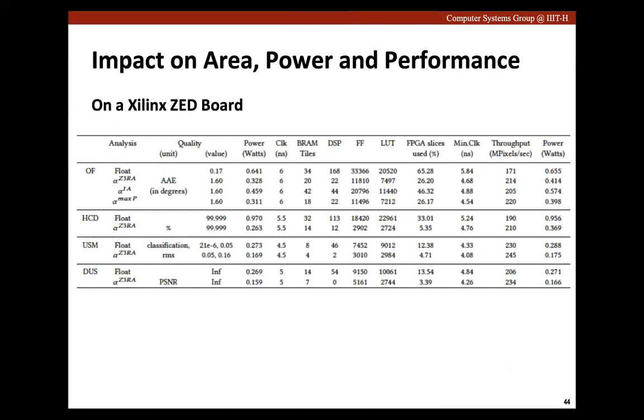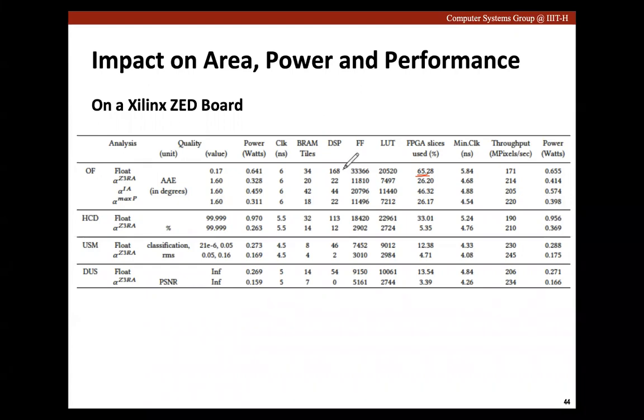If you see the data associated with optical flow, if you just use the float data type, then the number of FPGA slices used, which tells the amount of area that we are using, is 65%. The throughput is 171 megapixels per second. And the flip-flops required is some 33,000 flip-flops.